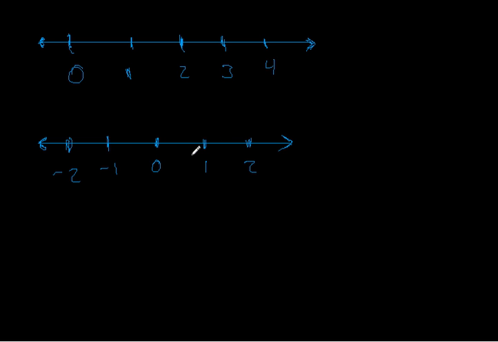So therefore, the density property does not apply to whole numbers. It does not apply to integers, but it should apply to rational numbers. And there are an infinite amount of rational numbers between rational numbers.